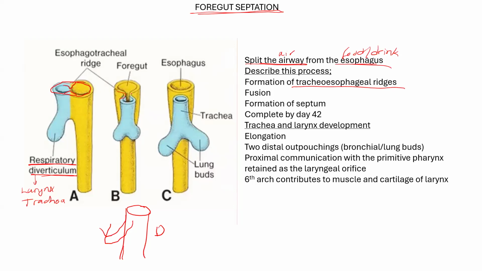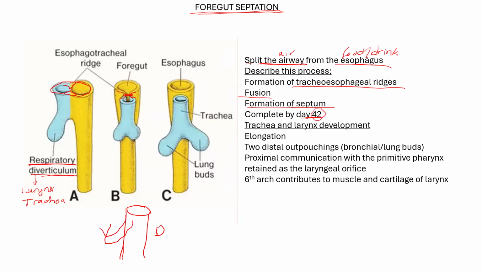They fuse at the midline, and now they completely separate the esophagus, which will be posterior, and the trachea, which will be anterior. They fuse and form a septum, the tracheoesophageal septum, and this is complete by the 6th week, day 42.